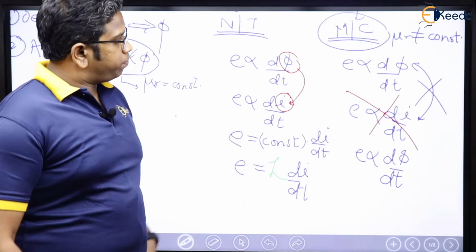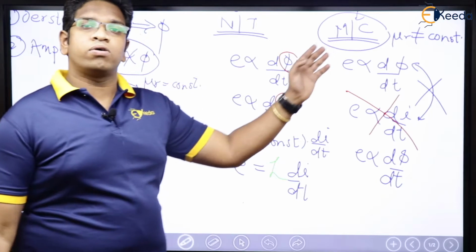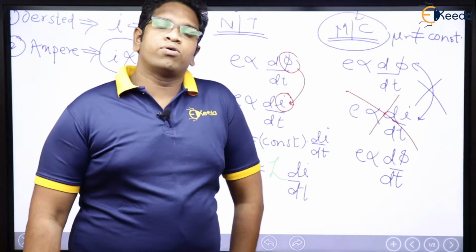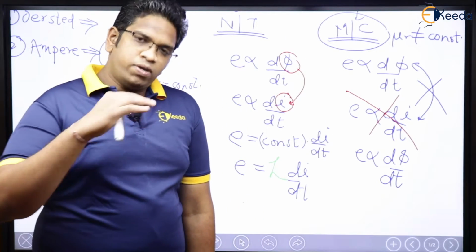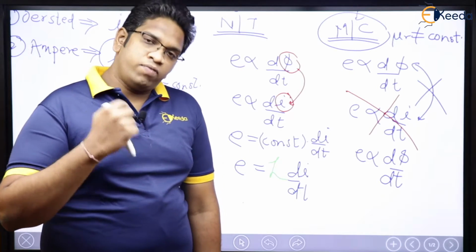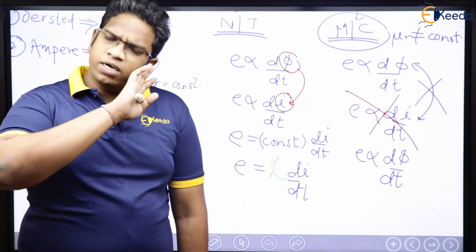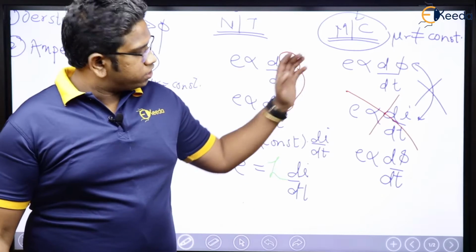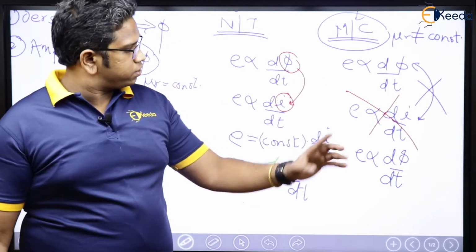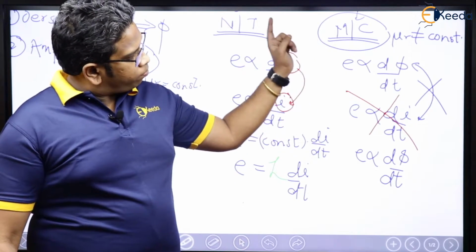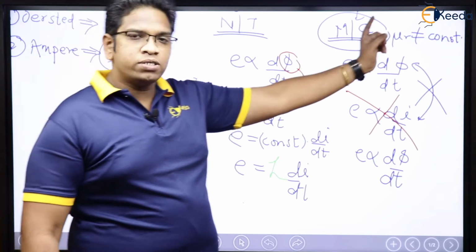No need. Right? But transformer is non-linear. Why is it non-linear? Because mu r is not constant. Why is it not constant? Because of the iron core. You will understand those things gradually, why we are using iron core. But for time being, keep in mind that machine is non-linear because mu r is not constant.